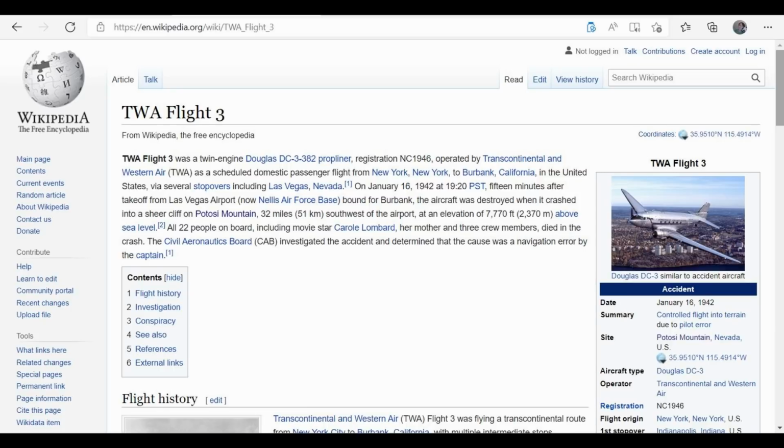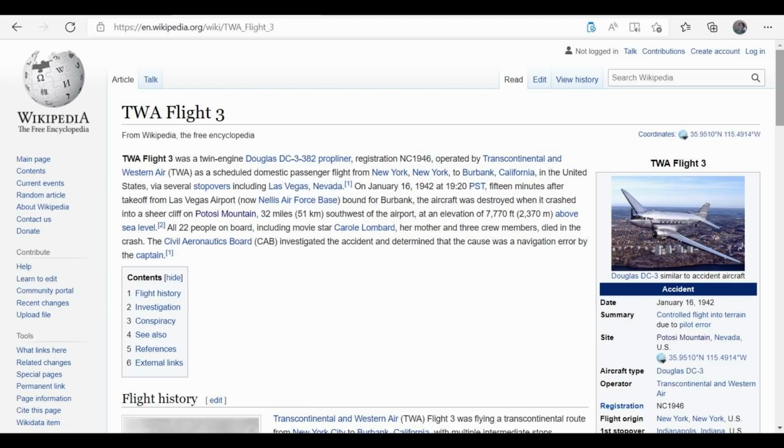On January 16th, 1942, at 19:20 Pacific Standard Time, 15 minutes after takeoff from Las Vegas Airport, now Nellis Air Force Base, bound for Burbank, the aircraft was destroyed when it crashed into a sheer cliff on Potosi Mountain, 32 miles southwest of the airport at an elevation of 7,770 feet above sea level.